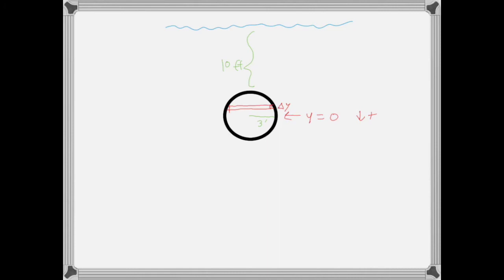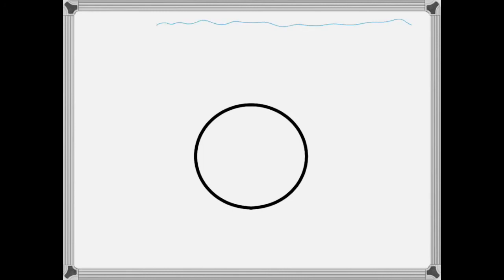I'm actually going to go to the next page here. It helps if we are looking at a bigger circle here. So on the next page I'm going to draw this circle again, except a little bit bigger, and I'm going to draw it not to scale. That way we can do a little bit of analyzing on it, okay? So here's our circle. And we've got our water here.